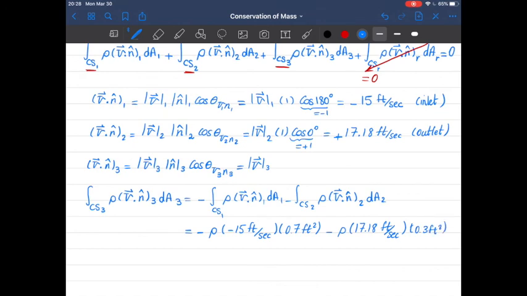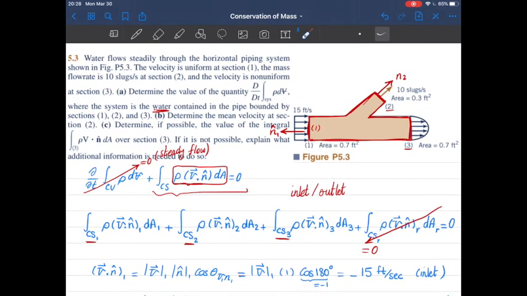So here you can see that we can find the value of this integral, which is equal to this term. So for part C, it is possible to determine the value of this integral.